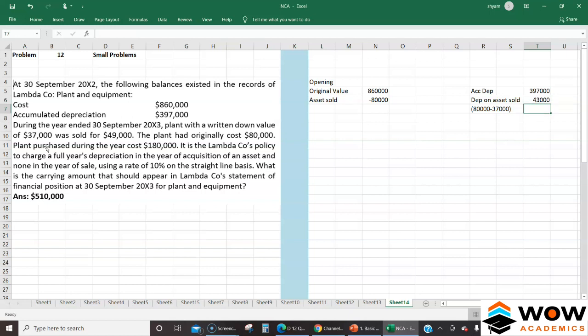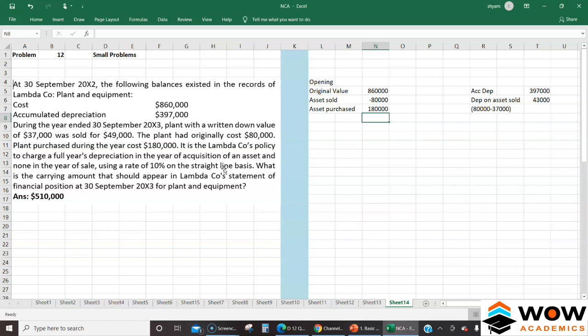And there was an asset which has been purchased, and that is worth 1,80,000. And thereafter he says it is a company's policy to charge a full year's depreciation in the year of acquisition.